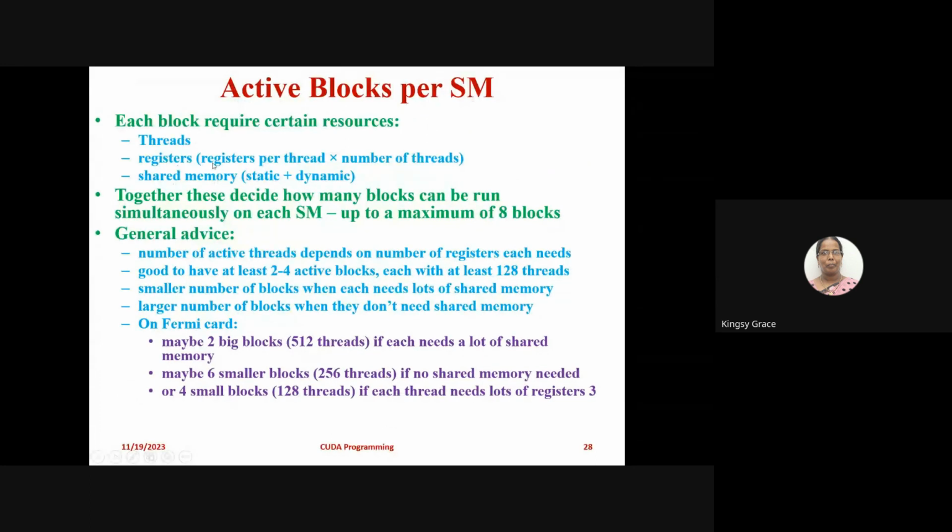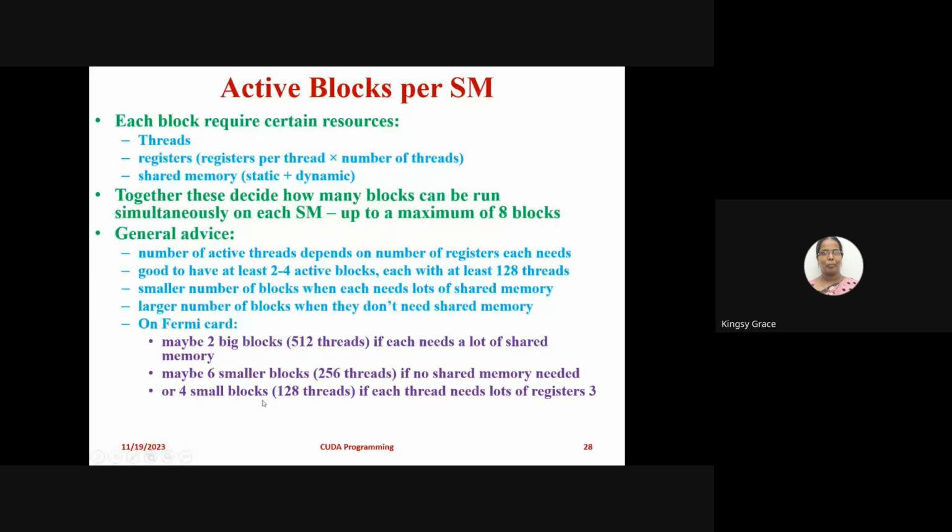You already know all these things from the diagram, the programming model. On a Fermi card, two big blocks means 512 threads each, six smaller blocks means 256 threads each with no shared memory. 512 threads means a lot of shared memory.